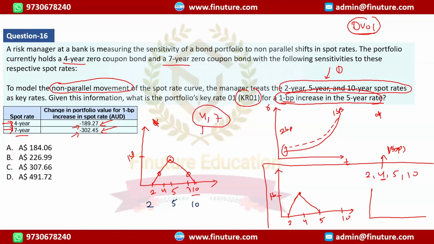If I get my delta R4 and delta R7 at these points, I can directly multiply them with the 4-year and 7-year sensitivities. And that would be my answer, because your 1 basis point is changing the portfolio by 189, this decimal number. If my rate has changed by, say, 0.5 basis point, then at 4 years this would change by half of this. Is it making sense?